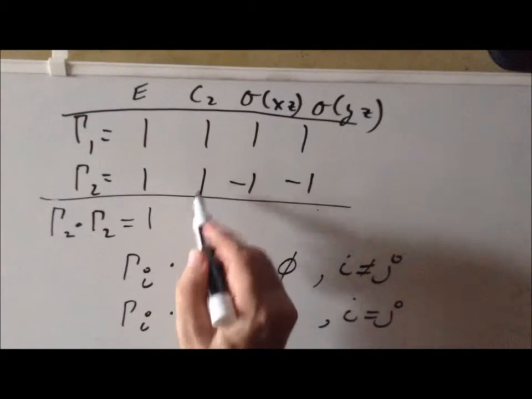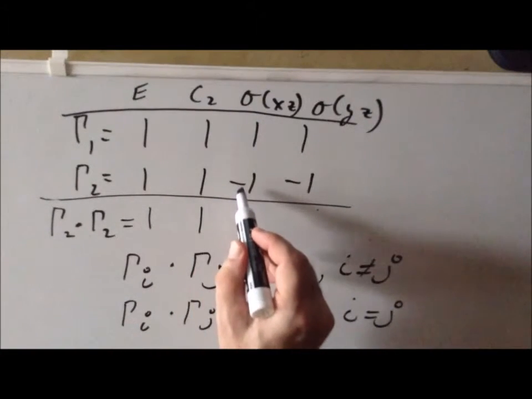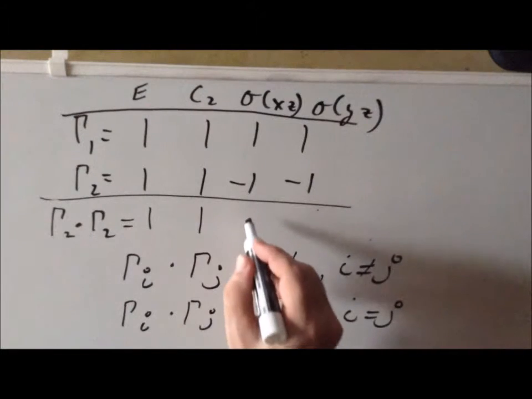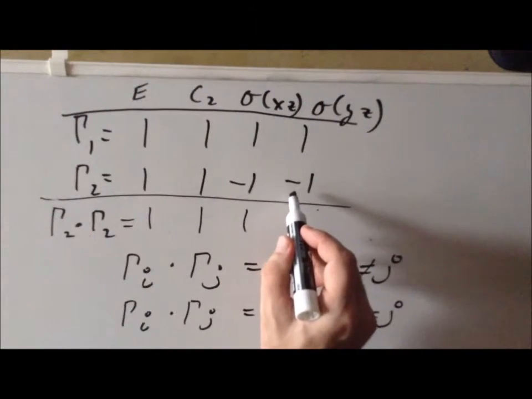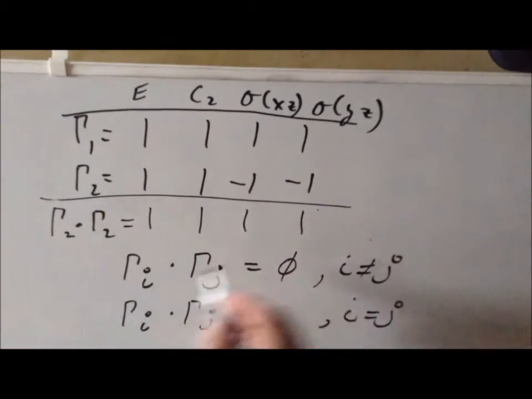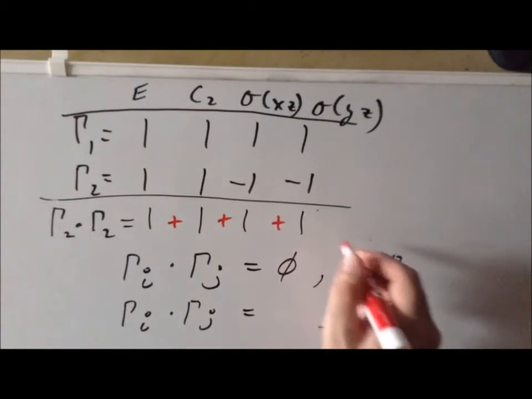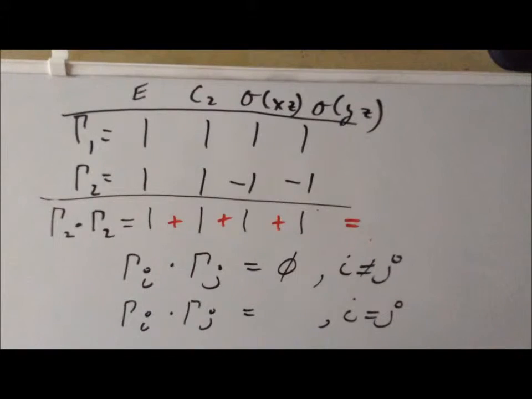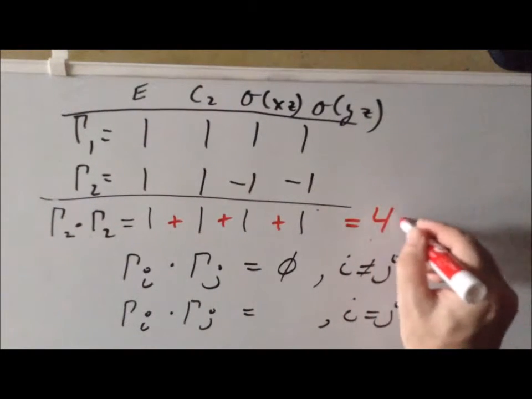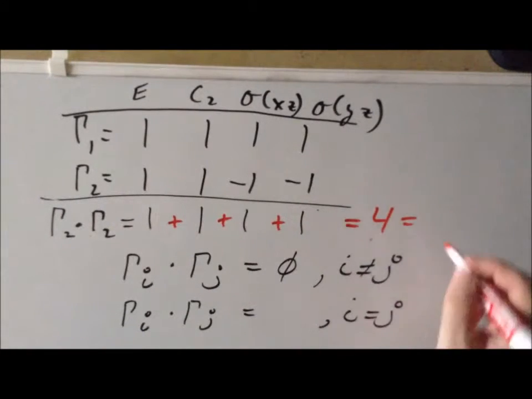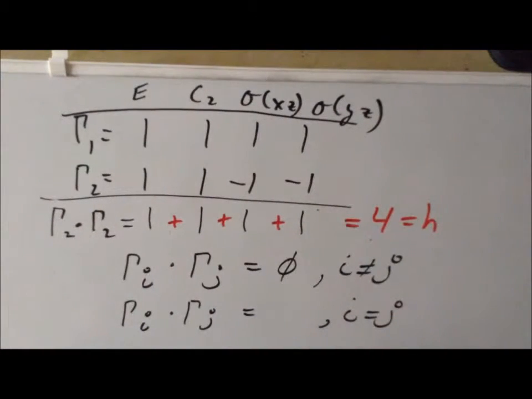Minus 1 times minus 1 is plus 1 again. And because we're doing the dot product, I take these particular values and I add them together. And I see that when I do that, what I end up getting is number 4. And the big significance in this case is 4 is the order of the group. So if I multiply an irreducible representation by itself as a dot product, the result I'm going to get is going to be the order of the group.